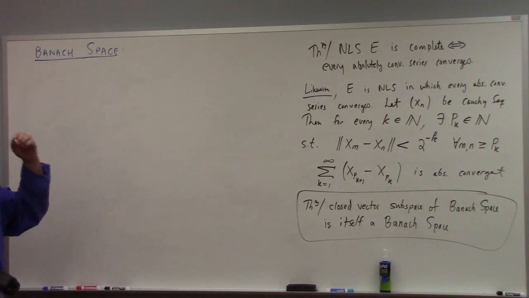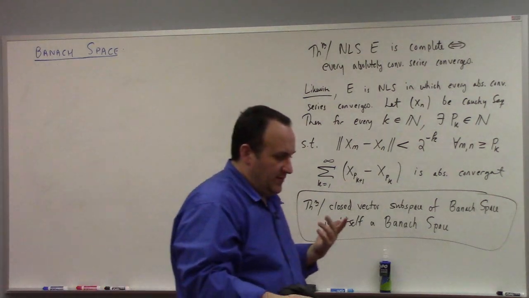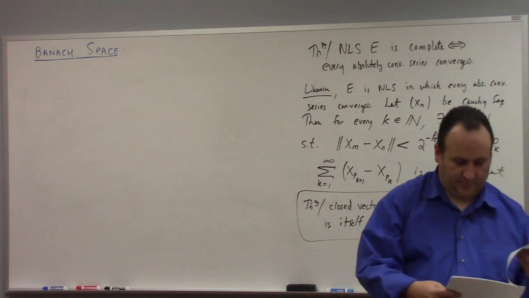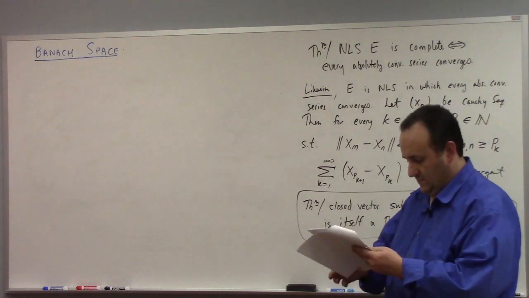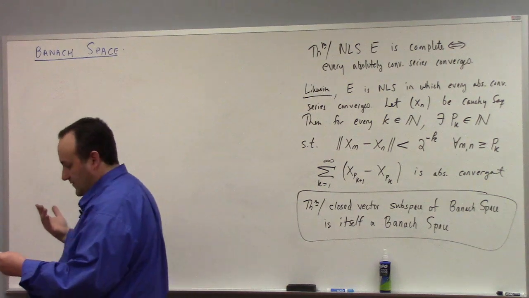So the next theorem is: a closed vector subspace of a Banach space is itself a Banach space. I'm just going to read the proof because it's pretty clear. Pick a Banach space and look at a closed vector subspace.